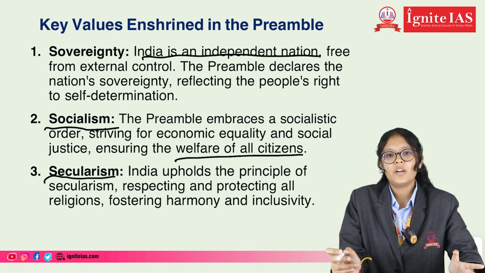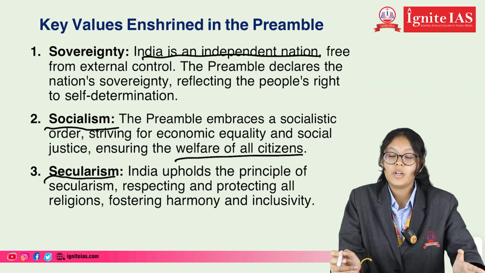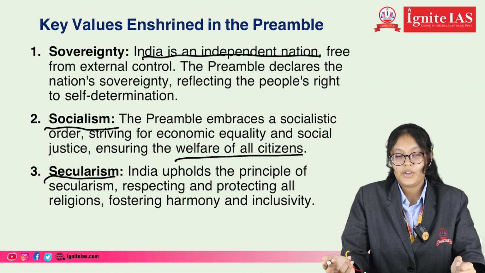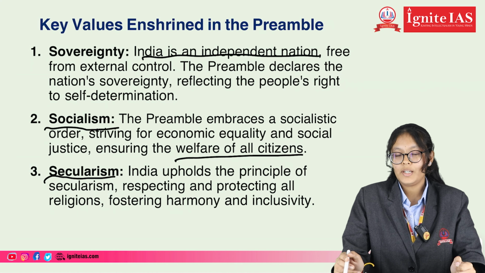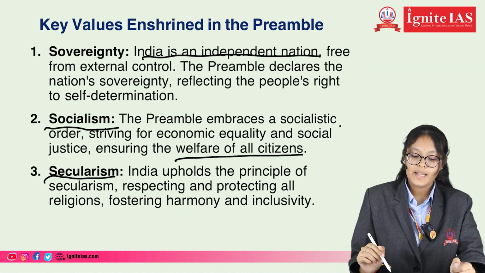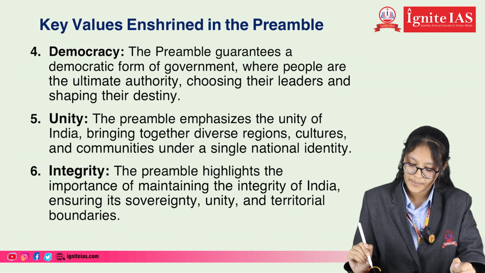In France, people cannot publicly practice their religion, and in USSR previously, people couldn't practice religion privately as well. So we can say India is the best country as we can practice any religion we want, terming it as a unity and diverse country. And the terms socialism and secularism were added to the preamble by 42nd Constitutional Amendment Act.